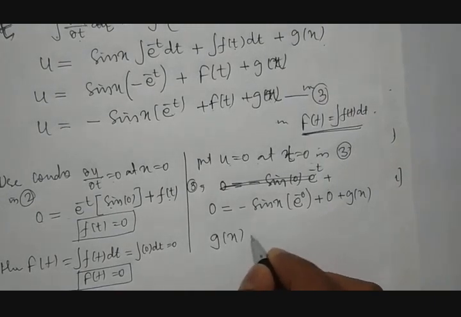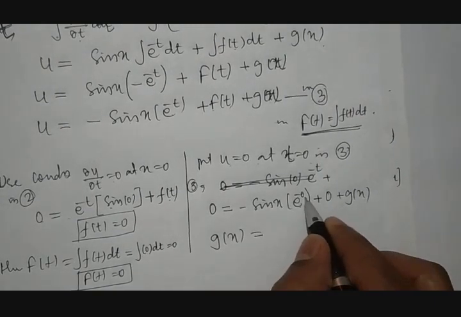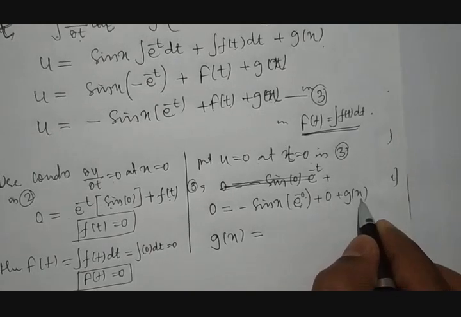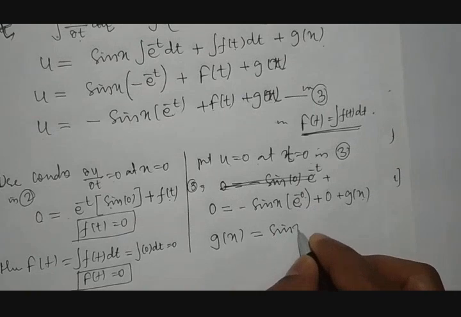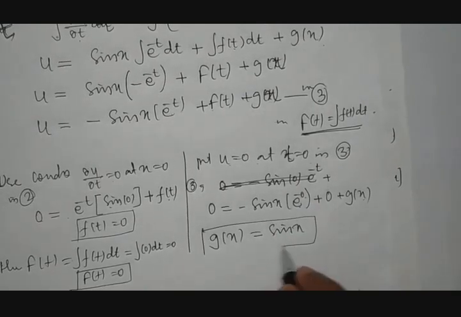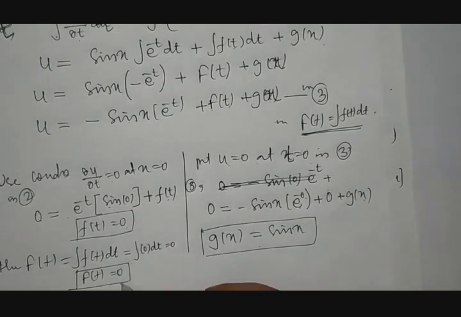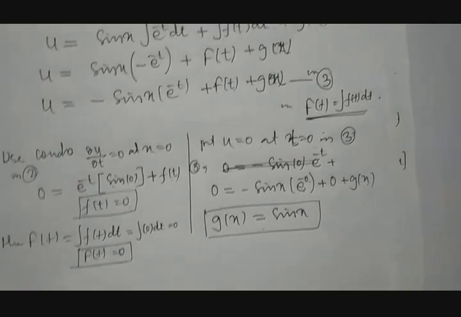Therefore, g of x is equal to e raised to 0, which is nothing but 1. So g of x is equal to, sending this term to the other side, sine x. So we got g of x, f of t and capital F of t.